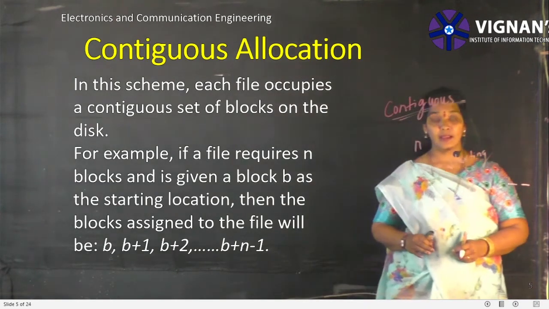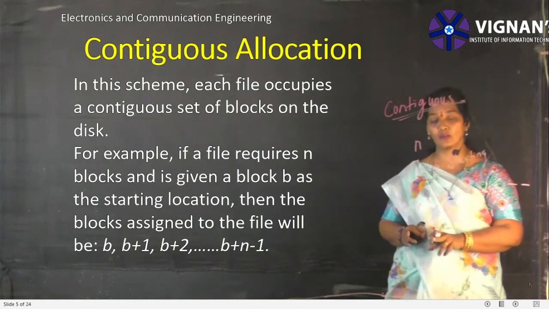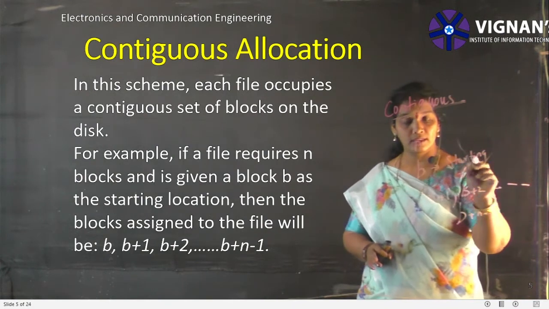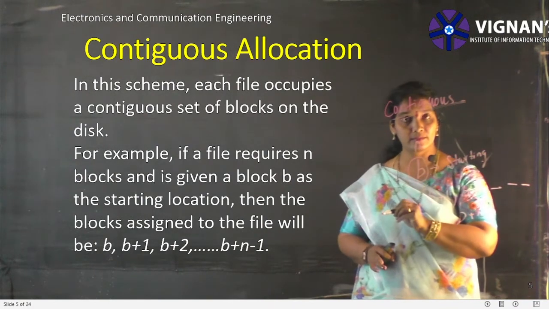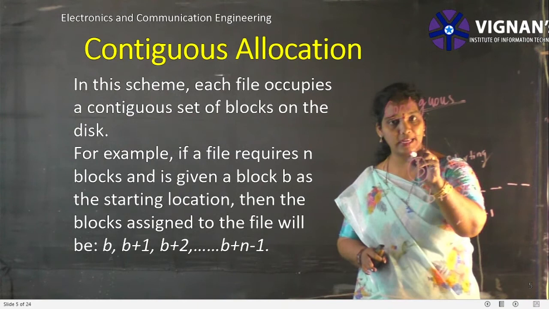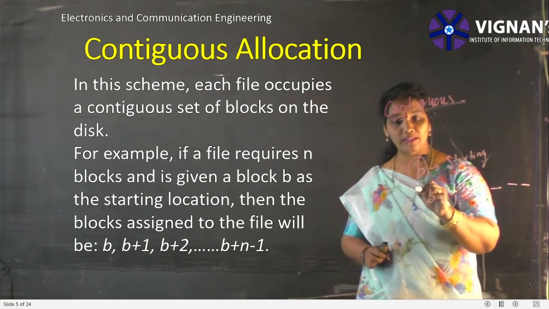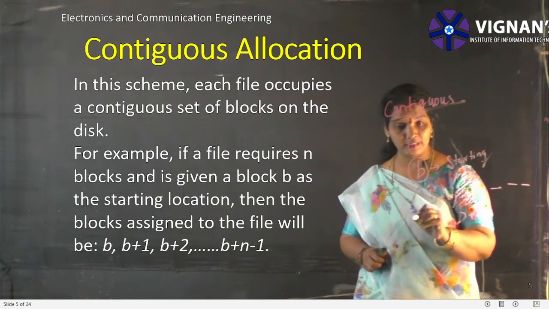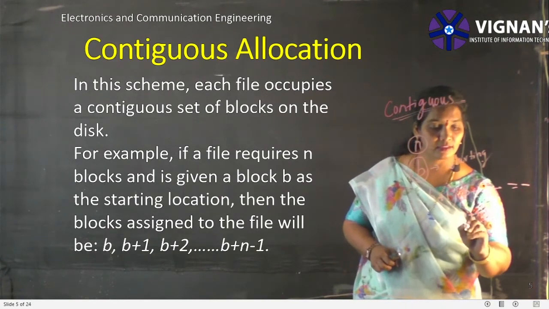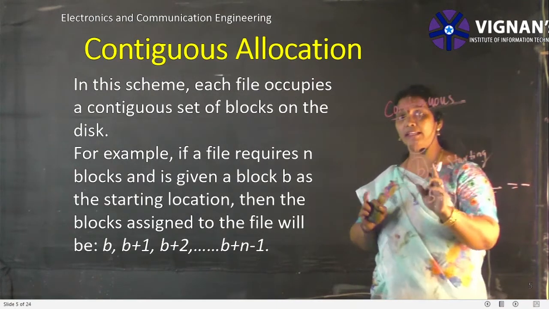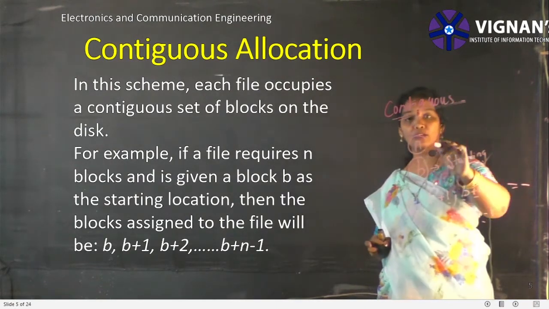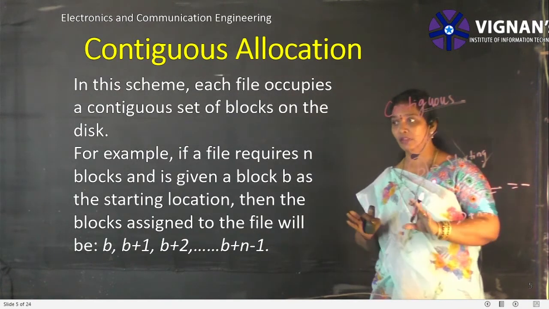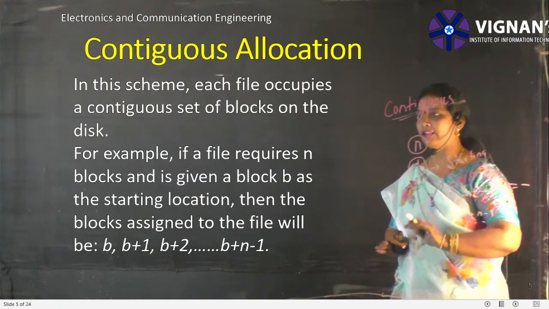So the starting address is B. It requires n blocks. So my file on the disk starts from the Bth location and ends at the B plus n minus 1th location. So now storing of my n blocks is done like this.